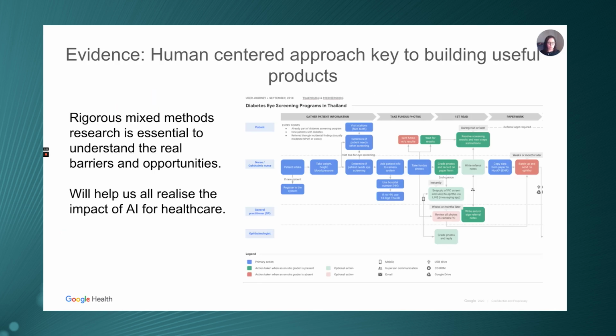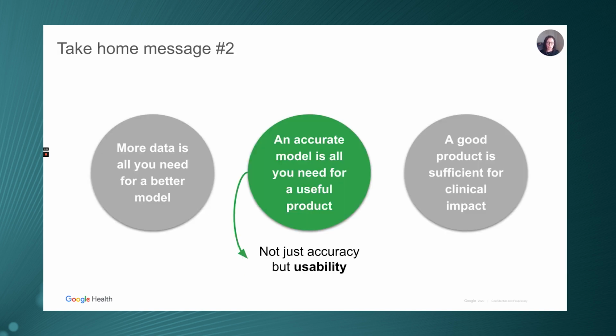And to give you a sense of what that includes, it is looking through all the workflows, everything that each of the partners in this, so the patient and the nurse that is performing the screening, and all the people that are involved in taking care of the patient, what are all the things that they have to do, and how all of this interacts, and how a product can actually help facilitate rather than become a burden in this process. So it's not just about an accurate model, it's about the usability of the product in which we put the model in.